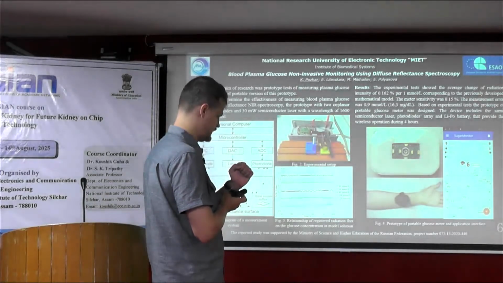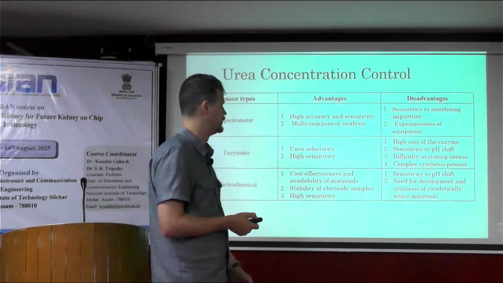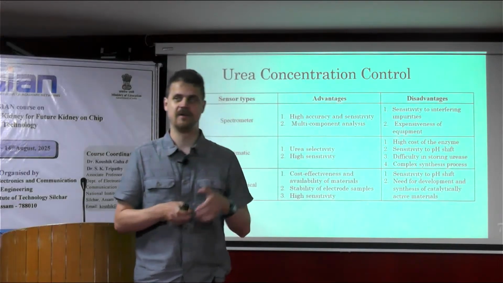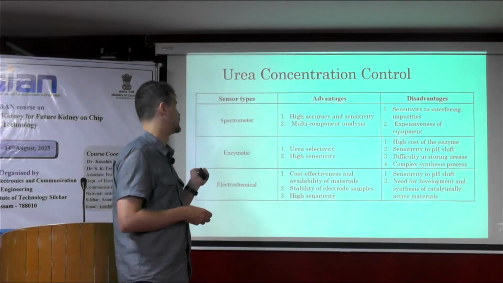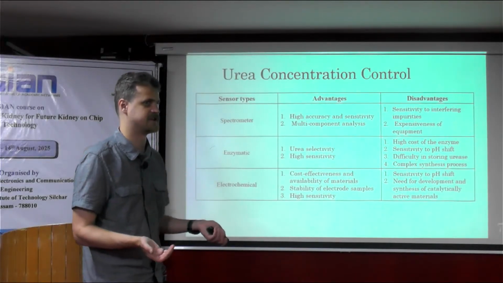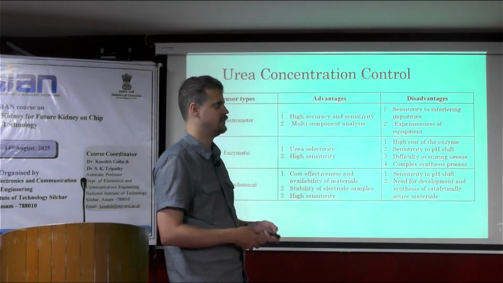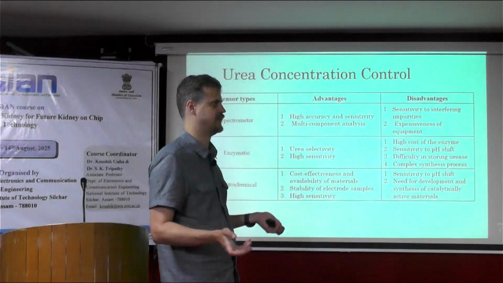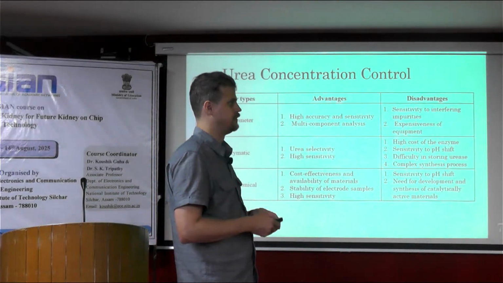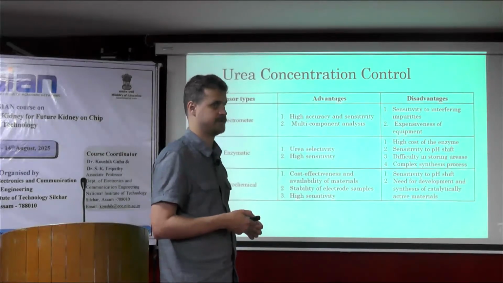It's a big challenge to monitor, for instance, the nitrogen-bound toxins. One of the main markers that helps us evaluate the clearance, or the glomerular filtration rate, of that system, if we talk about the artificial kidney, is that we can apply some sort of analog of this parameter. So we can monitor a parameter that will be close to glomerular filtration rate.